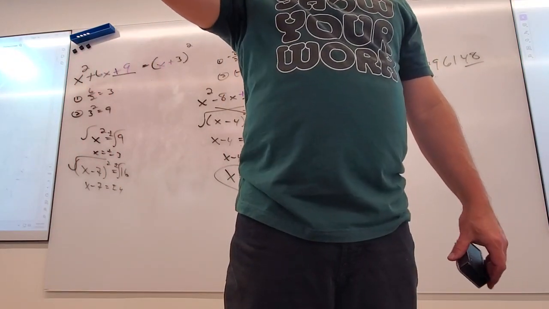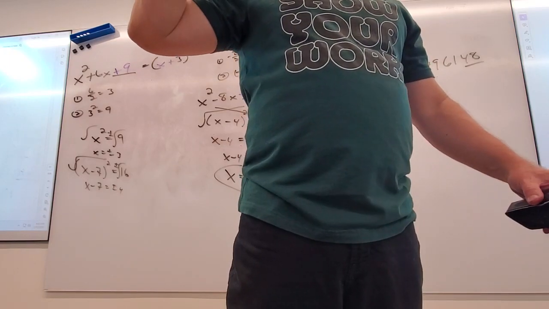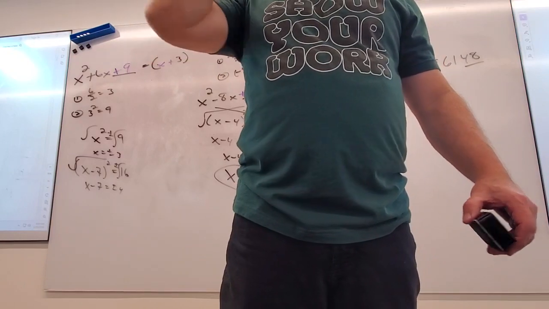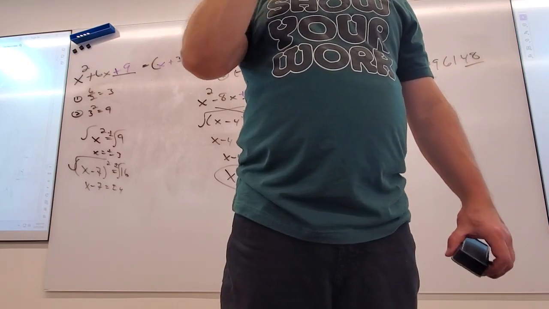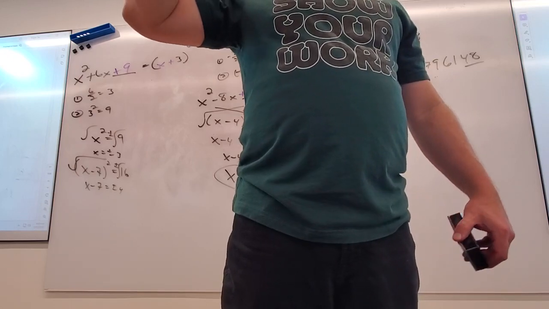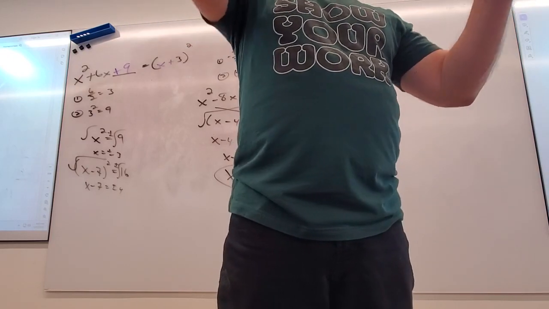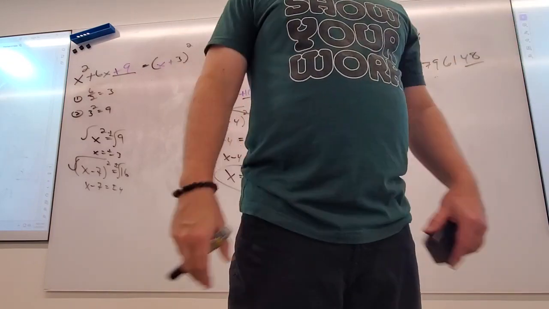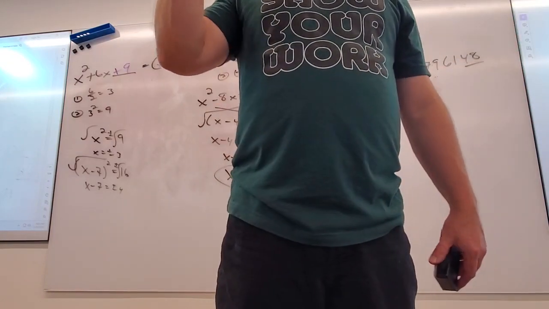I'll start us off. Negative b plus or minus the square root of b squared minus 4ac, over 2a.